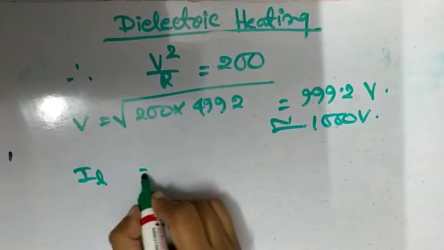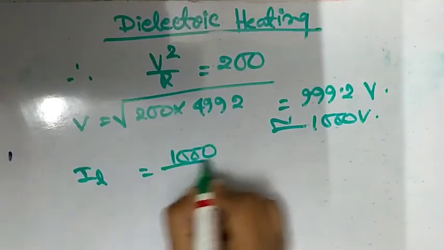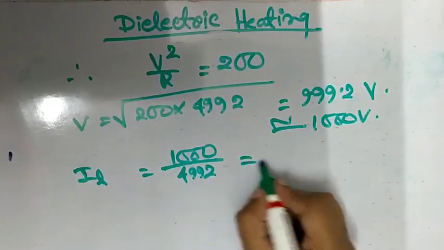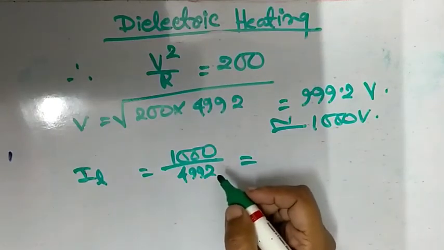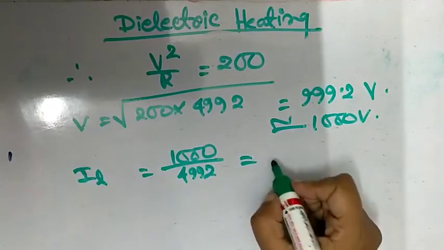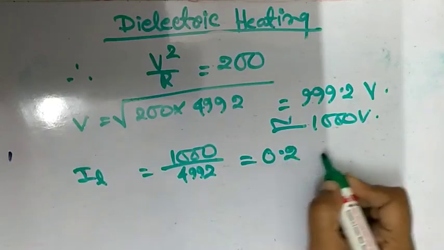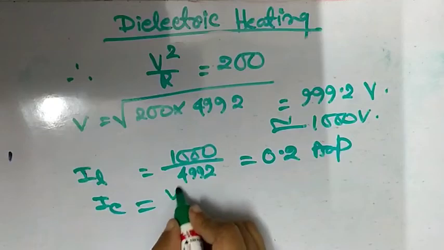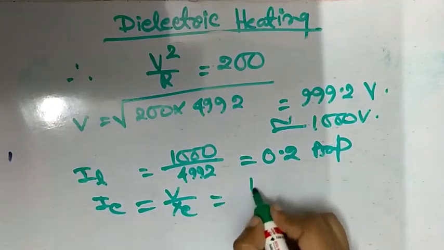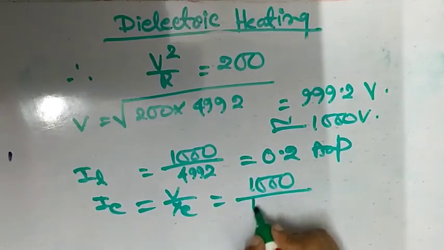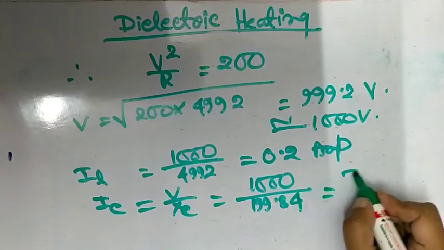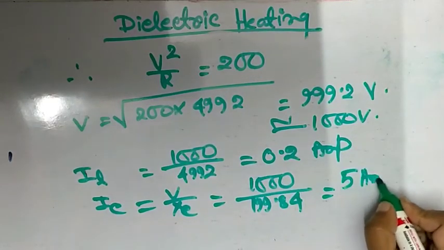Now current IL is given by 1000 by 4992. The value of R is 4992. So IL is equal to V by R, that is equal to 0.2 ampere. And IC is equal to V by XC, and this is equal to 1000 by 199.84, about 5 ampere.